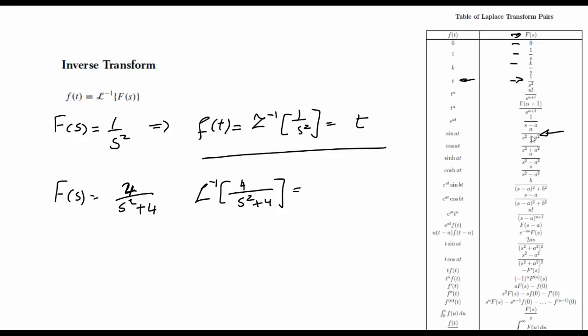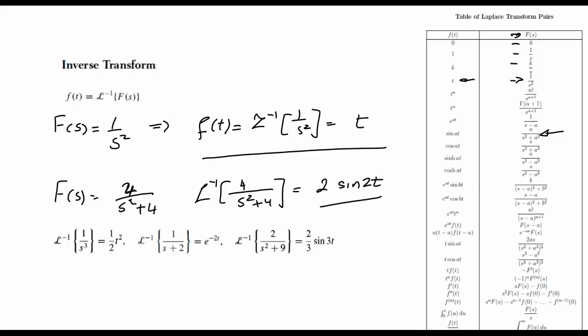However, it has an extra 2 here, so we would leave a 2 outside, and then take the inverse Laplace transform, which is sine of 2t, and that would be the inverse Laplace transform of this. So this is basically how the inverse Laplace transform works. It's as simple as that. Just go to the table, find what this matches, and then just work out the result.